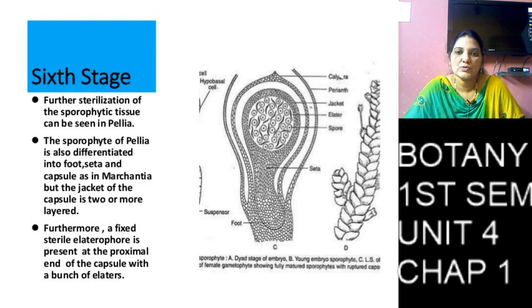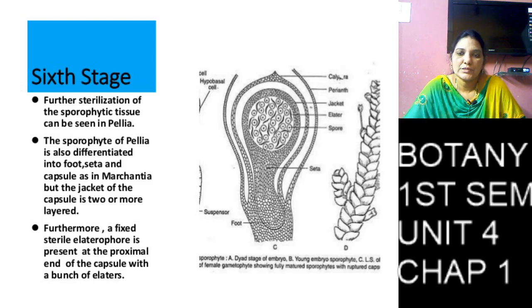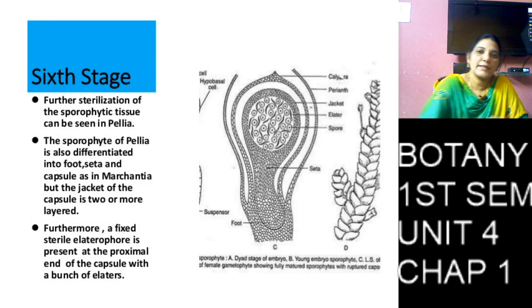Here also only elaters are present, not pseudo-elaters. The elaters are narrow structures, and 50% of the spore mother cells are converted into narrow elaters, and 50% of the spore mother cells are fertile. The spore mother cells undergo meiosis and form haploid spores.